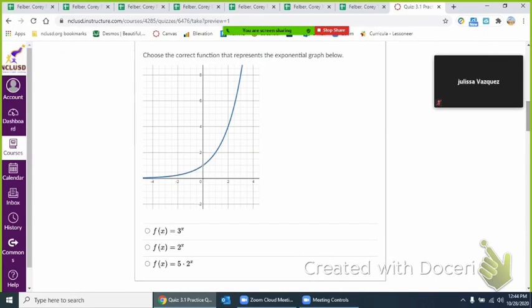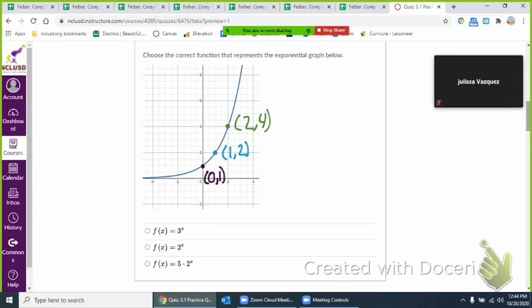Okay, number 2. So I want to do this again now that I'm recording it. Number 2, I just want to remind you, okay, the first point was 0, 1. All right, the second point was 1, 2. And then the third point was 2, 4.